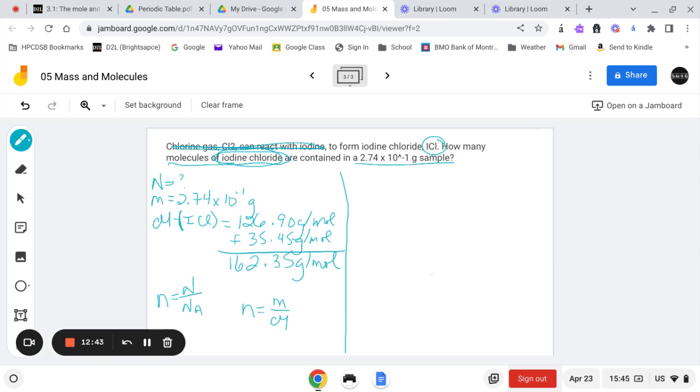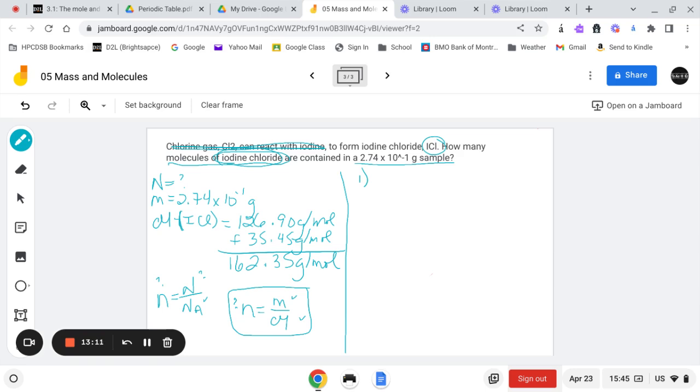We don't know moles. We know little m, we know molar mass. So this is a good one to start with. In the other formula, we don't know molecules, we don't know moles. We do know N_A, that's Avogadro's number. But this is the one I have to start with because I know two pieces of information for it. It's different every time. You've got to pay attention and know what you're dealing with.